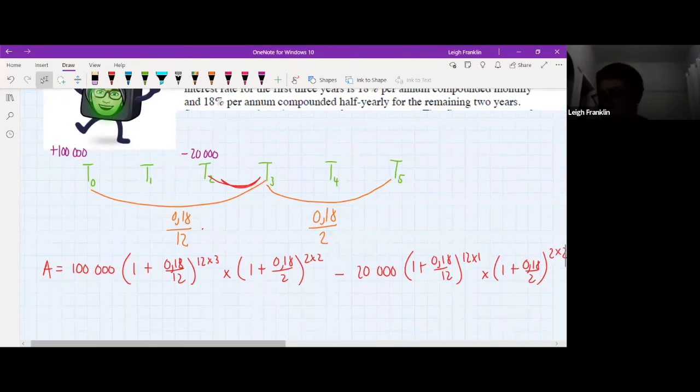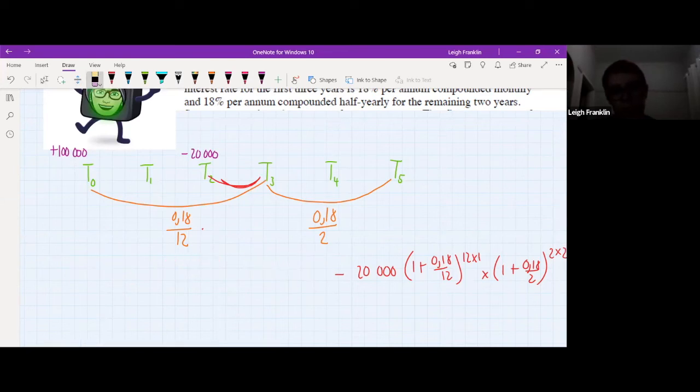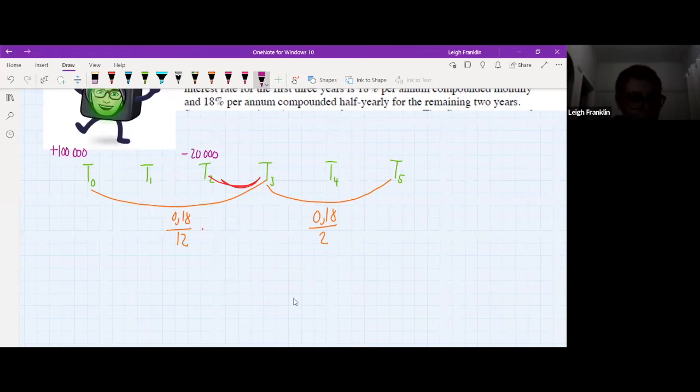Let me just get rid of this and I'll write it again. So the A is calculated: the 100,000 Rand goes in, and it earns interest at 18% per annum, compounded monthly for the first 3 years. So that's 1 plus 0.18 over 12, and then I've got to say 12 times 3 because it's going to be compounded 36 times.